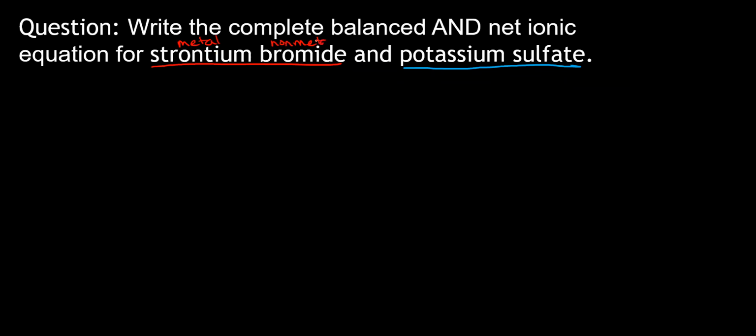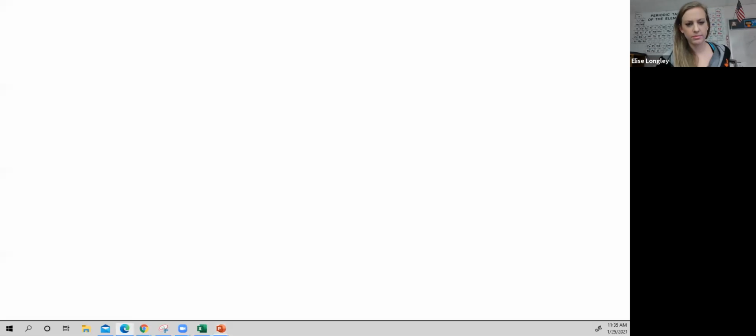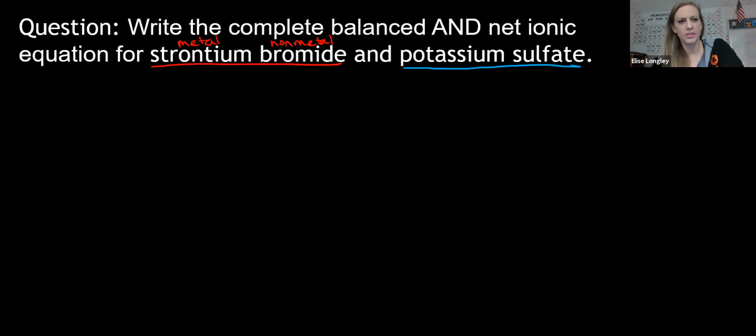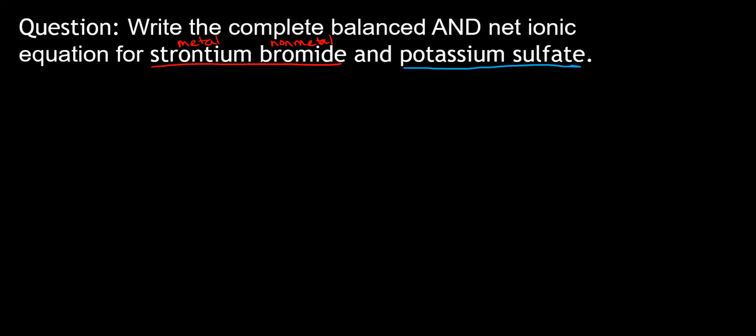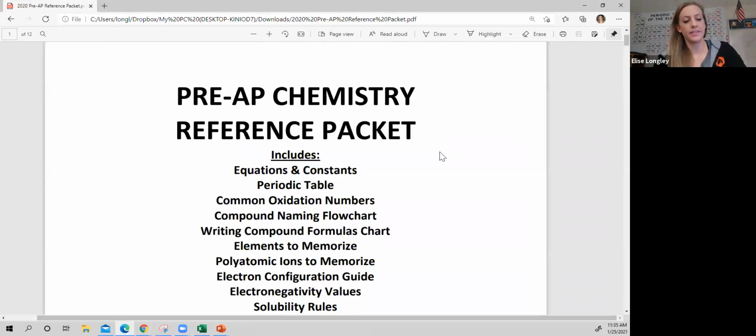So we're going to do it based on charges. So what charge will strontium have? What symbol and charge? Strontium is 2+. What I was going to show you guys is that a lot of elements are in here.